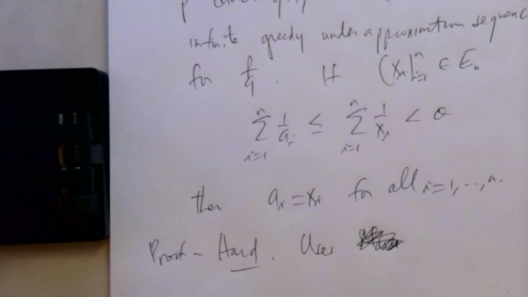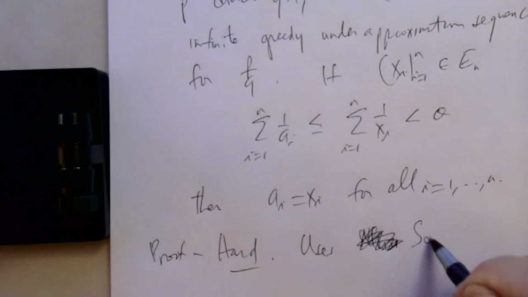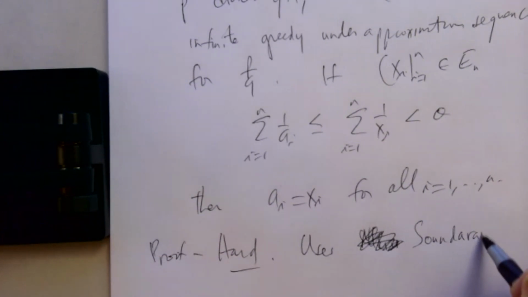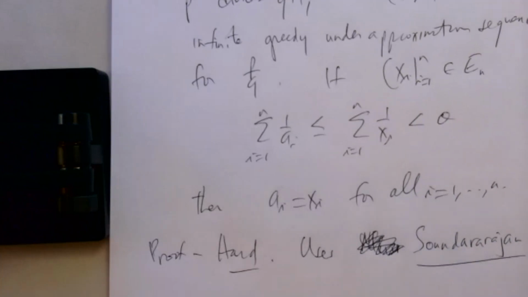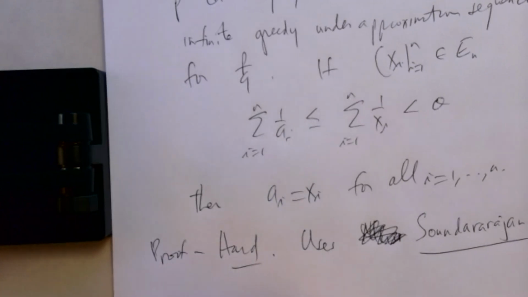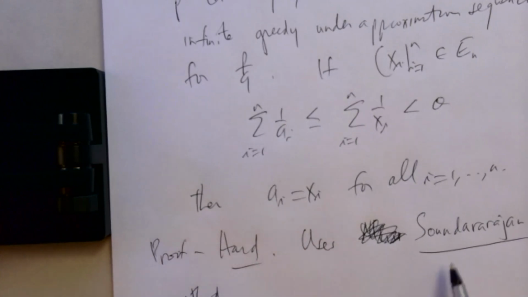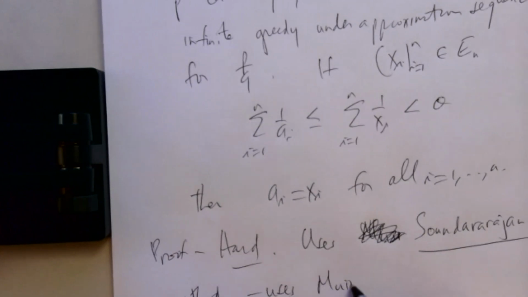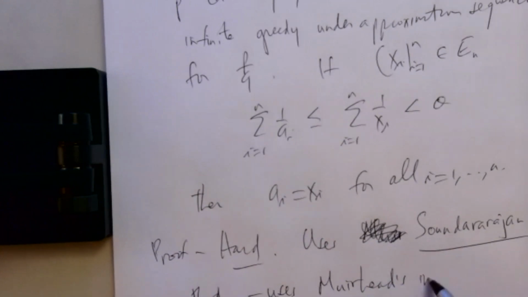The original proof of the conjecture about the Sylvester sequence and under approximations of 1 was proved by Curtiss and Takenouchi about 100 years ago. And a couple of years ago, Sundararajan put up on arXiv a beautiful little paper which gave a different proof of that result. And what I use is the method of Sundararajan, which uses essentially Muirhead's inequality.